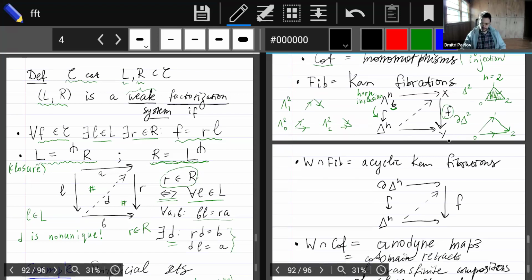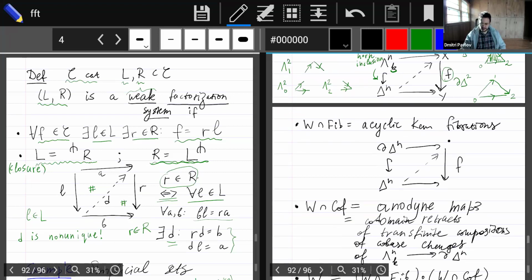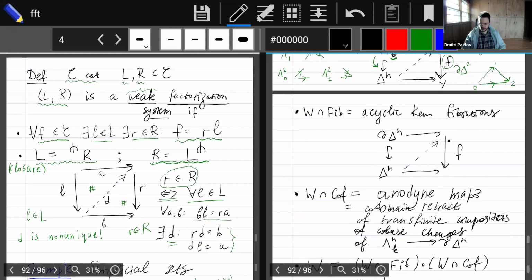Let me also mention the other two classes of maps. In principle, these also admit explicit descriptions: the intersection of fibrations and weak equivalences, which in the literature on model categories is sometimes known as acyclic fibrations, and sometimes also as trivial fibrations.